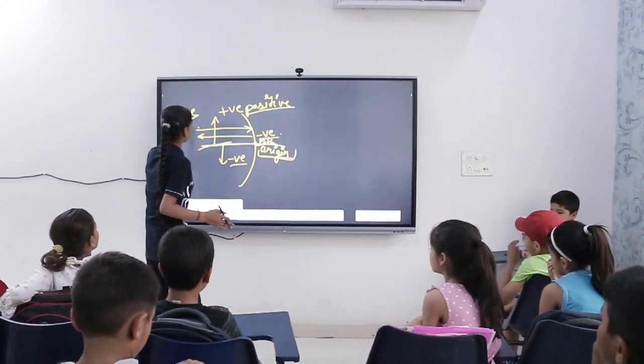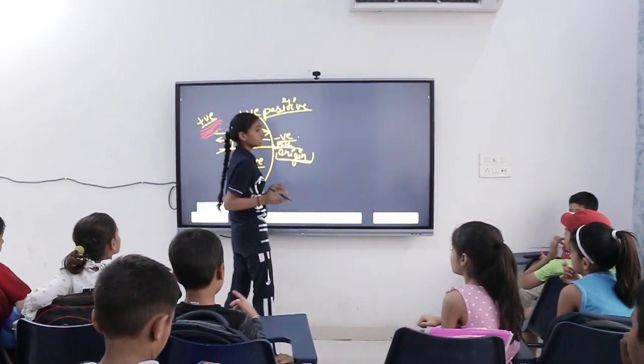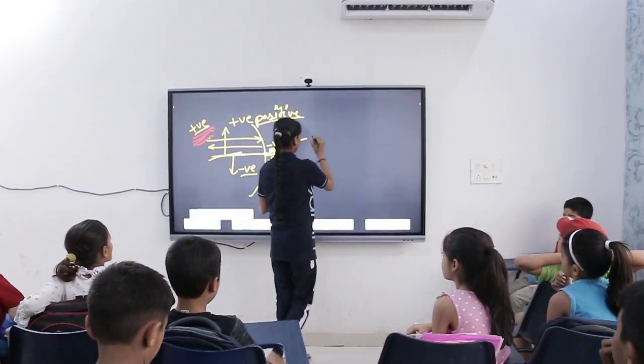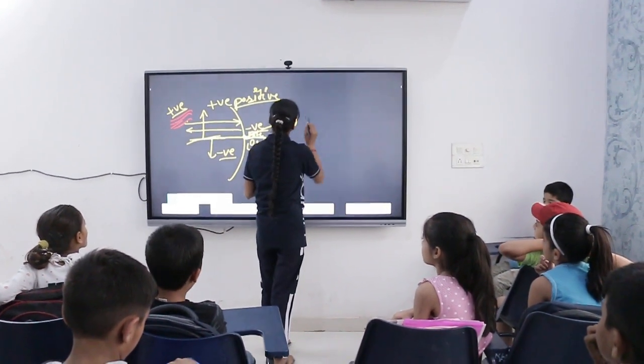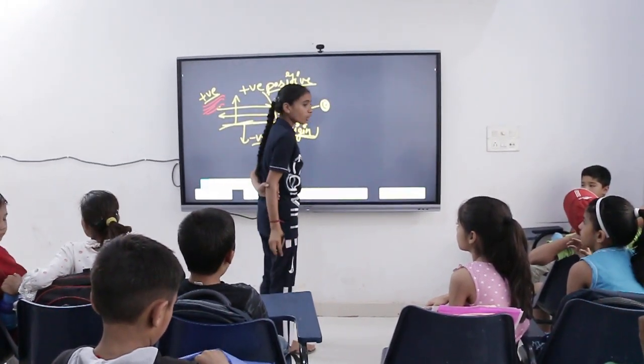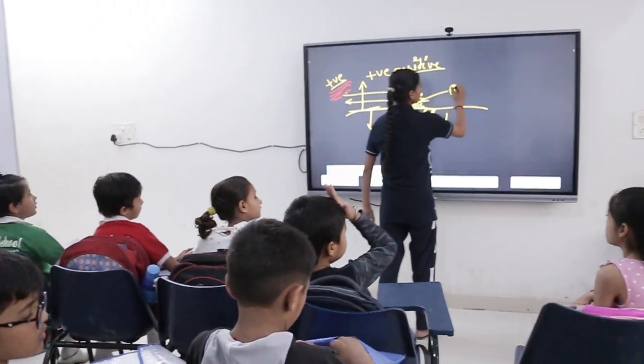Then we come to the positive origins, that is, like our image shown behind the concave lens. Like here is our image. Then this image is real or virtual? Anyone tell me? Real.